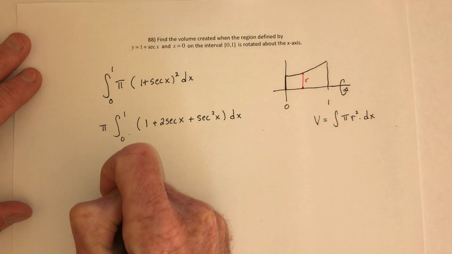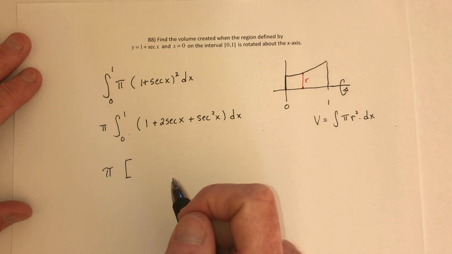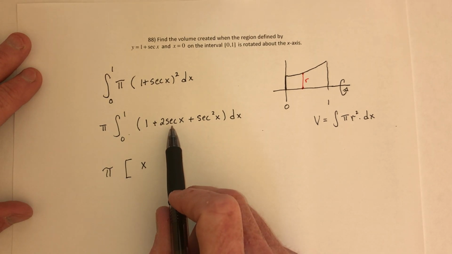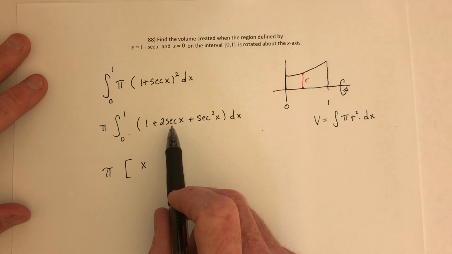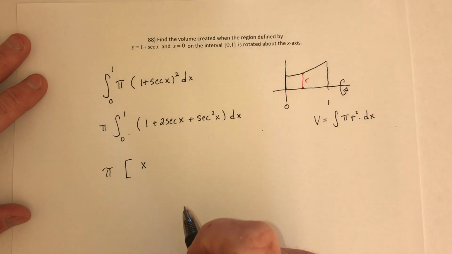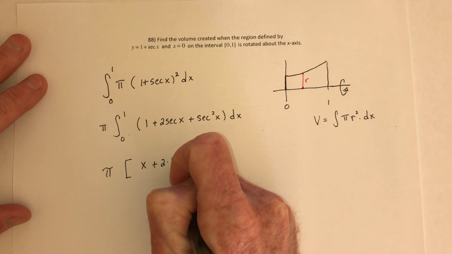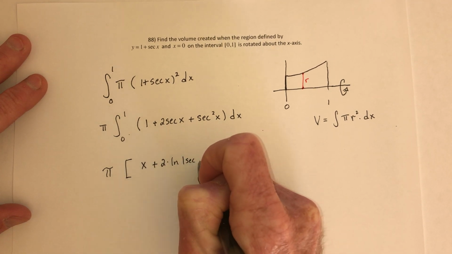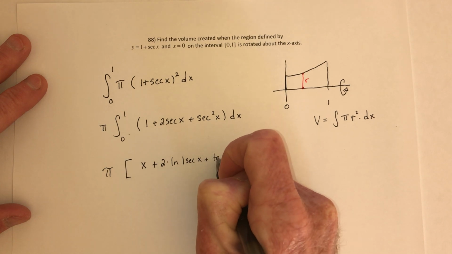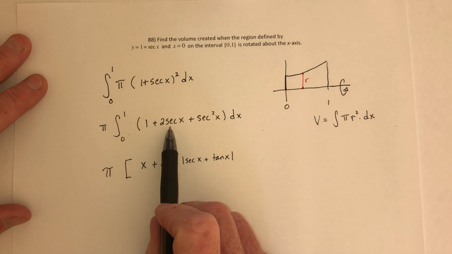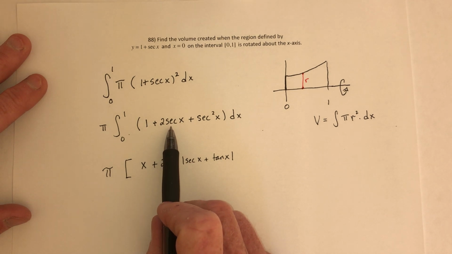So then find the antiderivatives. So for 1, that's just going to be x. And then for secant, that's going to be the natural log of secant plus tangent. So the way that I remember that one is the derivative of secant is secant times tangent.